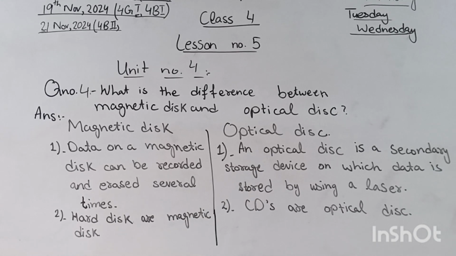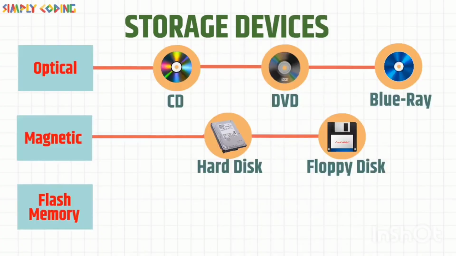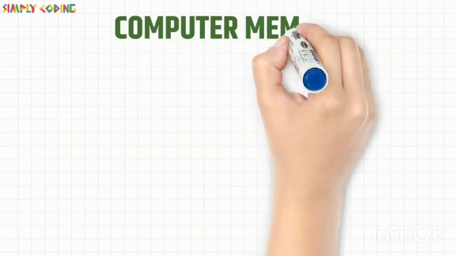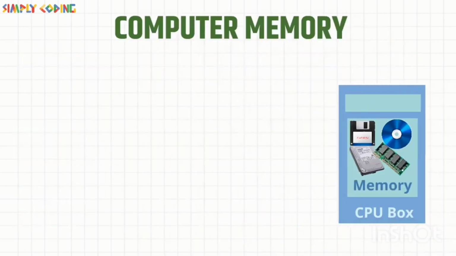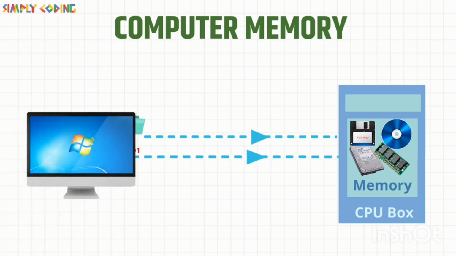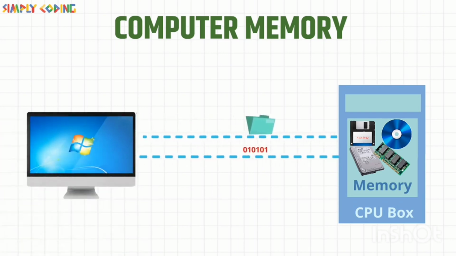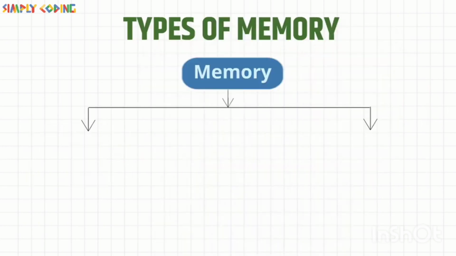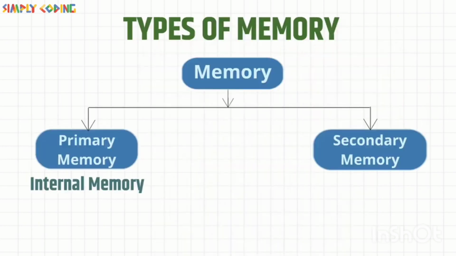We are going to learn about external memory or storage devices. Computer memory is the storage area of the computer. It is any kind of hardware which stores data and instructions for the computer. They are classified into two types: primary or internal memory and secondary or external memory.